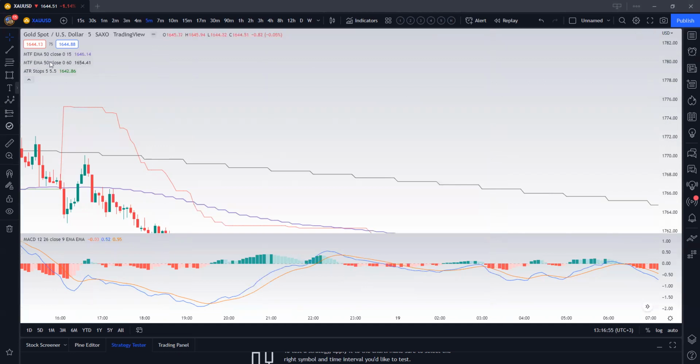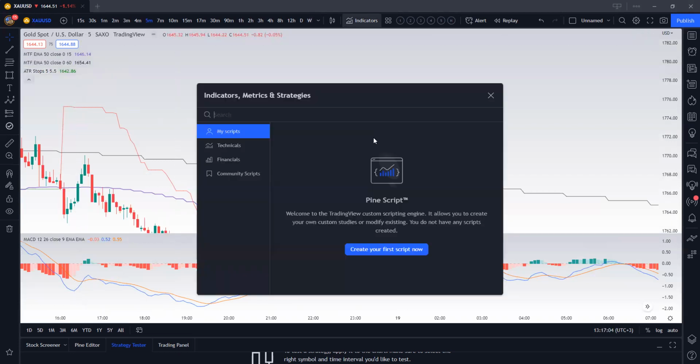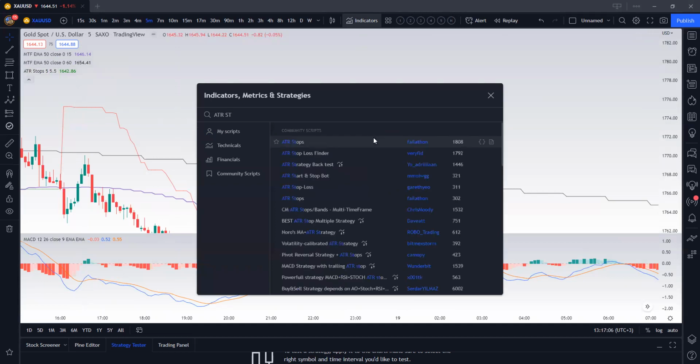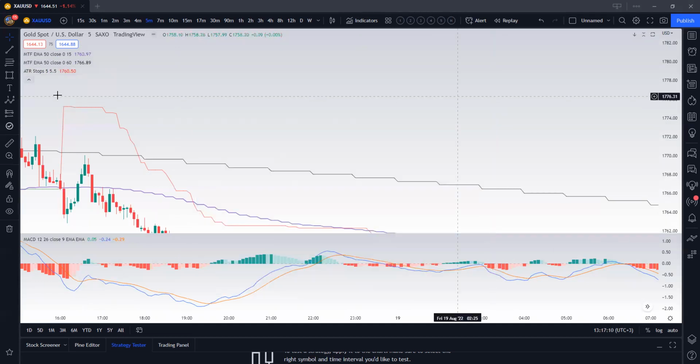So you'll find this MTF EMA, and you're going to go to indicators again and plot ATR stops. You'll put this one right here. Just make sure that you're using the same exact indicators. With MACD, we're not going to change anything.